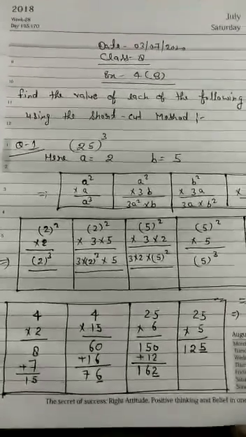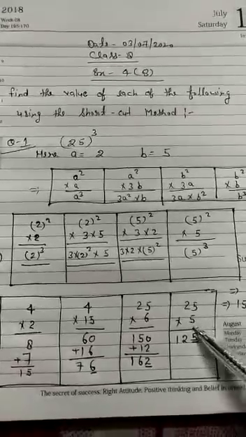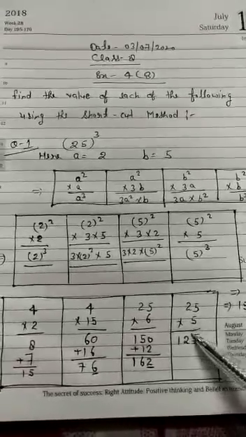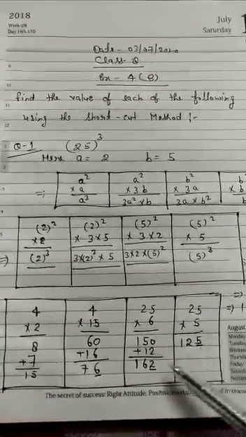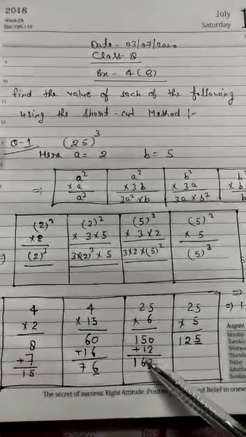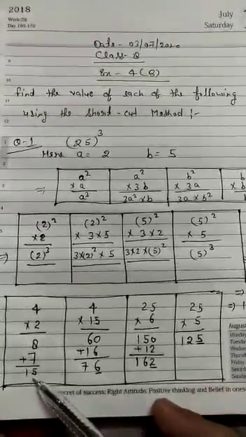Again we will underline the values of the ones place. 5 is written in the ones place, here 2 is written, here 6 is written, and here it is 15.